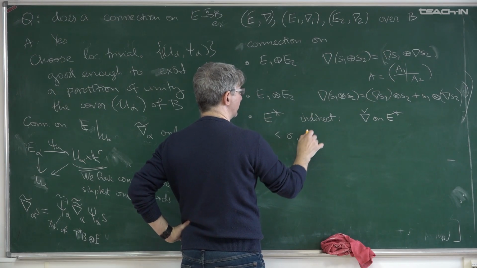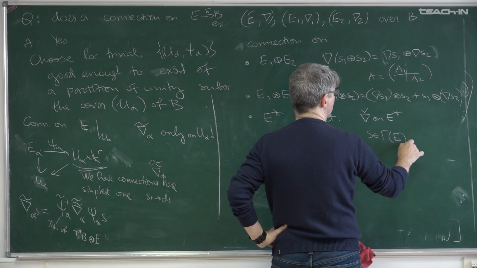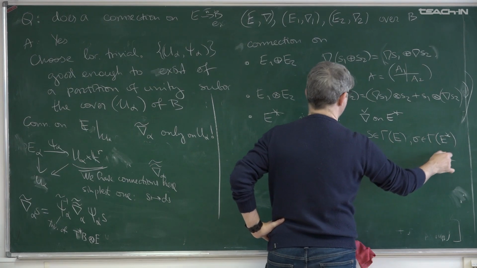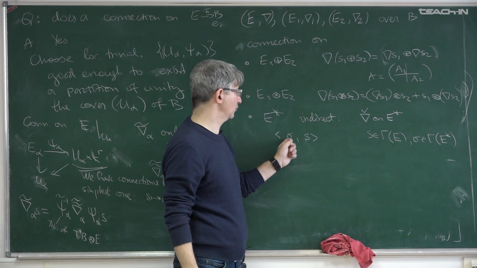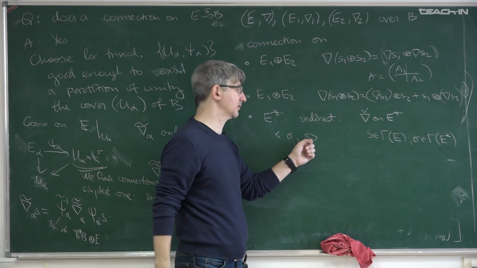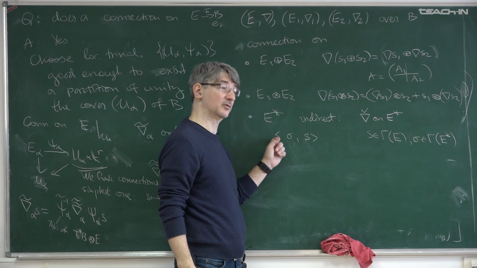S and sigma. So S is a section of E, and sigma is a section of the dual vector bundle. So if you have a section of the dual vector bundle and a section of the original vector bundle, you can consider the fiber-wise pairing. And my question is, what's the nature of this object?